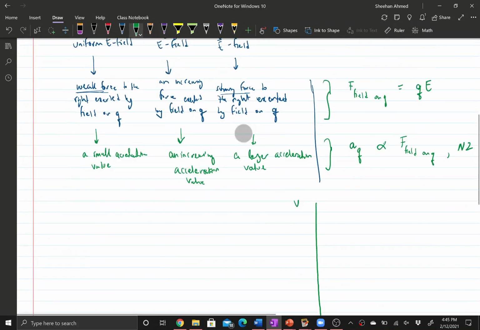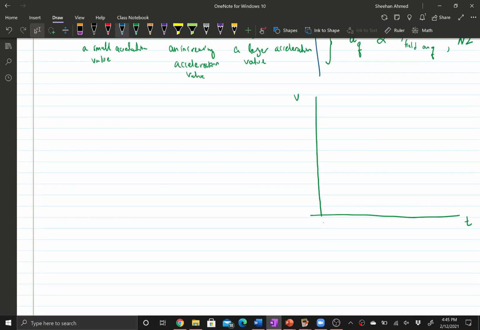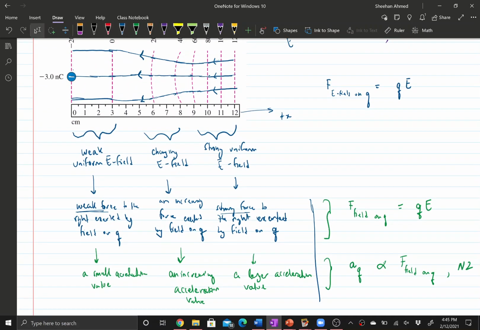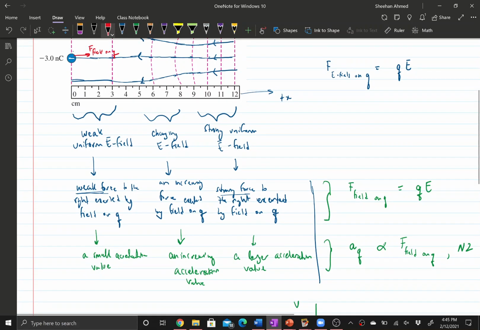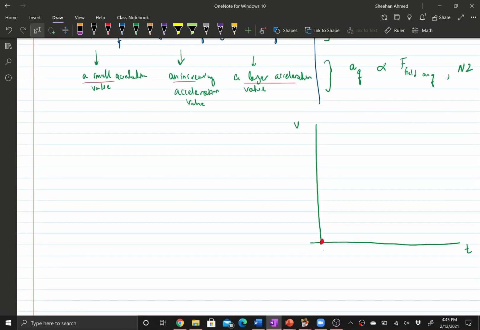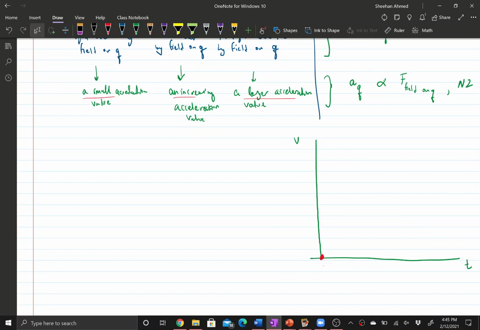My charge initially is at rest, so at least I know where to start. I'll start over here. And it's always having a force on it that's exerted towards the right. So I can draw a force that the field exerts on the charge is always to the right, but that force is changing in value, leading to different accelerations. Well, remember how we depict acceleration in a velocity time graph.